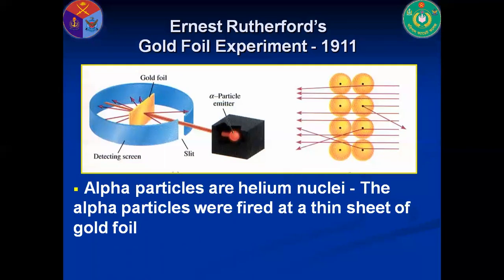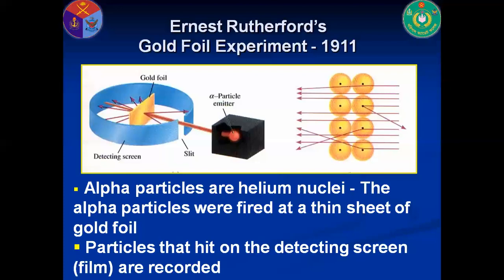Alpha particle is the helium nucleus; if two electrons are removed from a helium atom, it is called a helium nucleus. Then these particles hit the screen and are recorded. From this result, he developed the experiment called the alpha particle experiment or gold foil experiment.